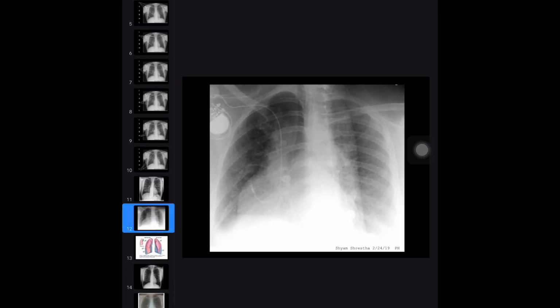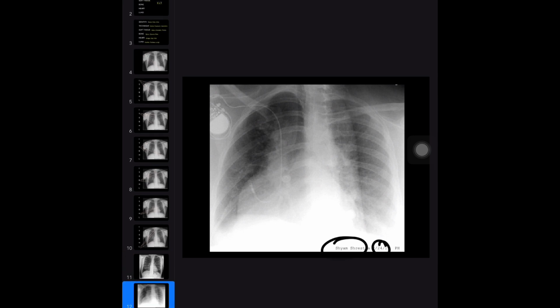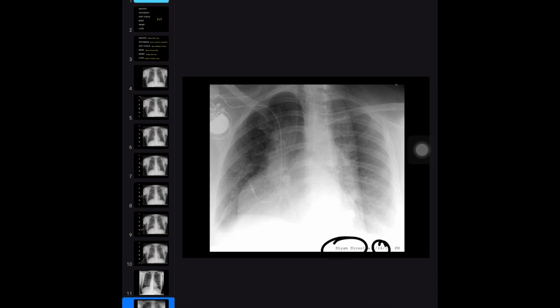So in this we have to see the identity, date, and then the exposure, like view, and the technique. It is in the center and the interspinous process is seen a little bit, and then whether it is in inspiration or not is clearly seen.